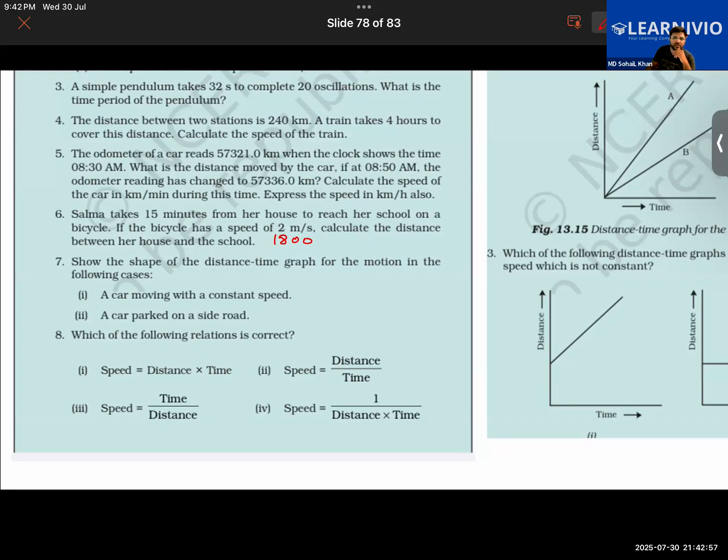If you're plotting a distance-time graph, the slope is going to be parallel only to the x-axis. Getting it?